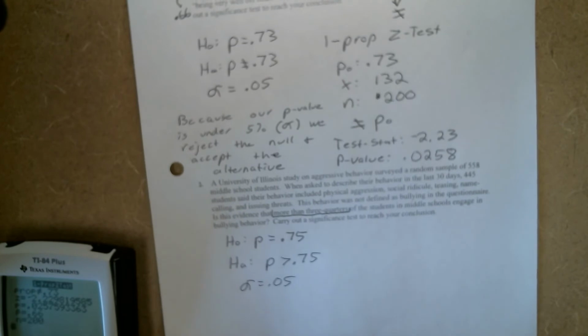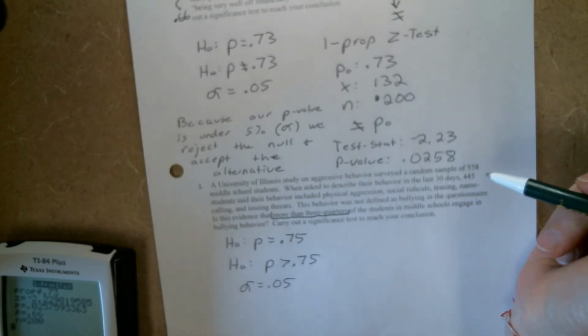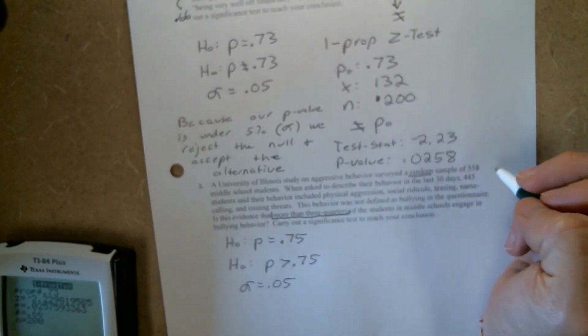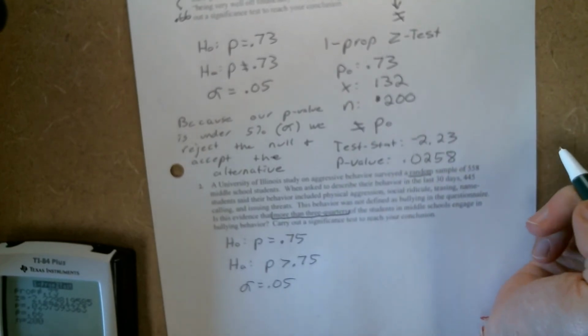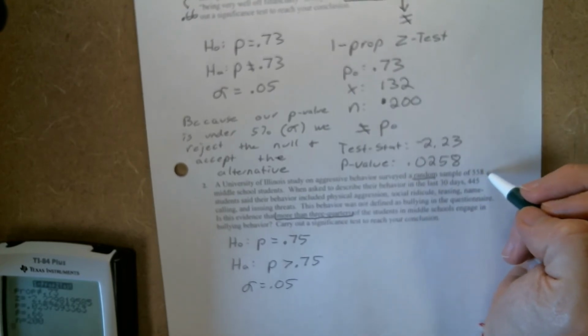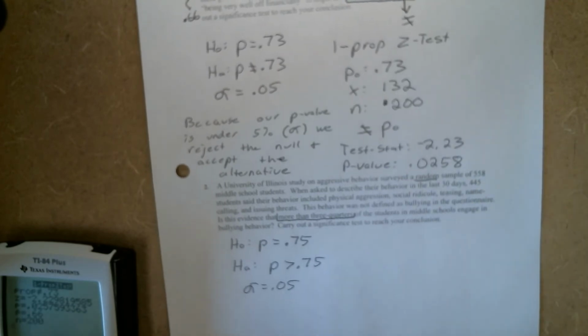We still want to make sure that our conditions are met. So we want to ensure that there was randomization, which they tell us, and that our sample is less than 10% of the population. That's going to be pretty easy to assume when we're only looking at 558 middle school students out of however many.